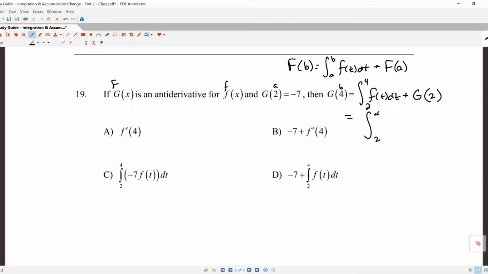So the integral from 2 to 4 of f of t dt plus -7, and that gives us d.